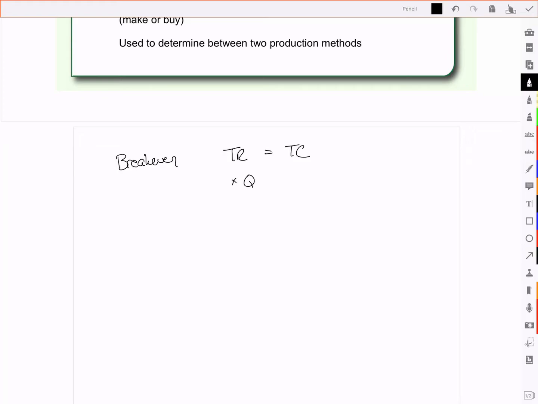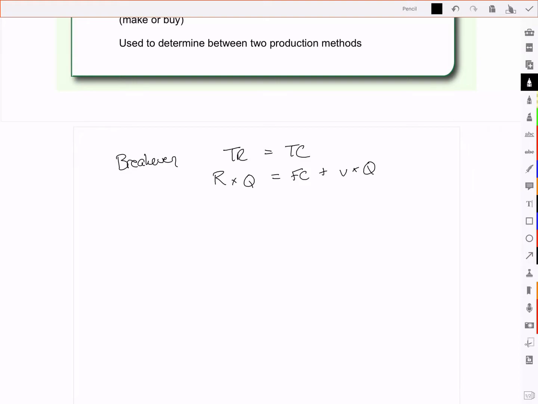Sometimes you see that as price, and we'll label this here with a capital R as revenue per unit. Our total cost then is our fixed cost plus a variable cost, and since it's a variable cost, it's going to be a function of the number we produce.